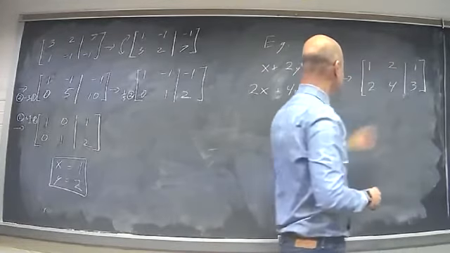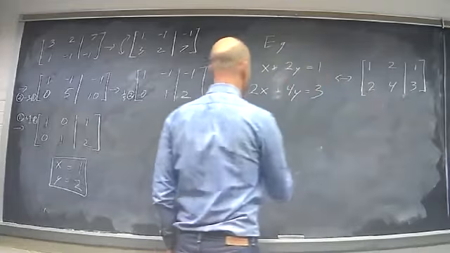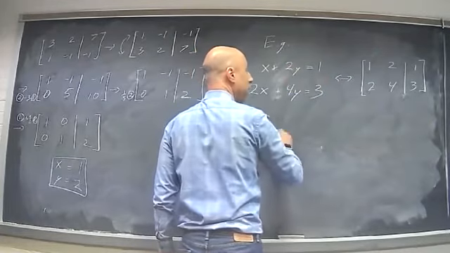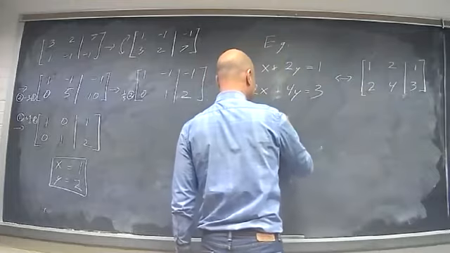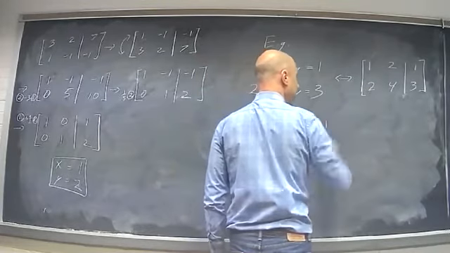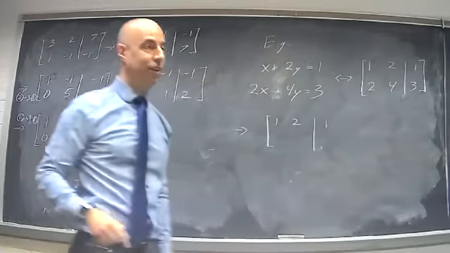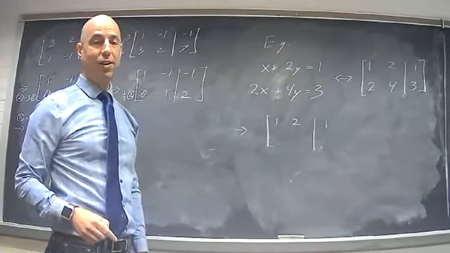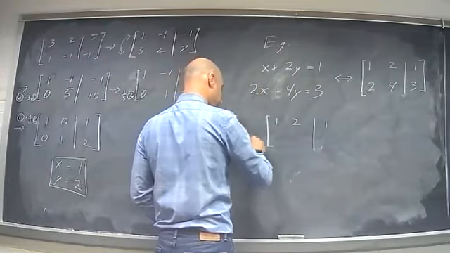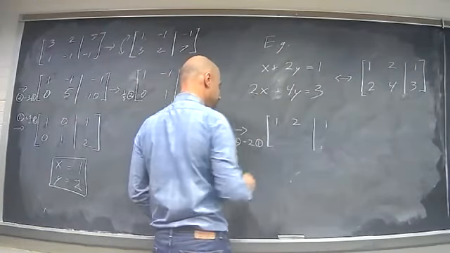Let's get a 0 below it. How can I get a 0 in the second row? I'm going to leave the first row alone for now. 1, 2, 1. How can I get a 0 right there? If you do the second row and then subtract 2 times the first row. Second row is 2 times the first.